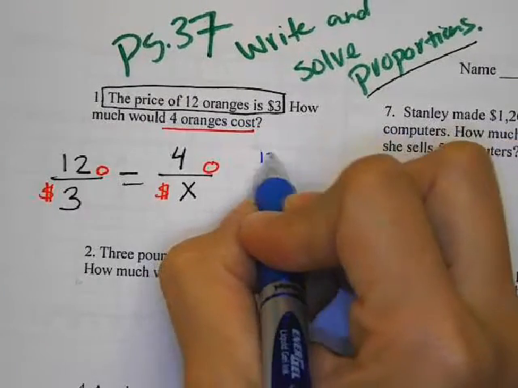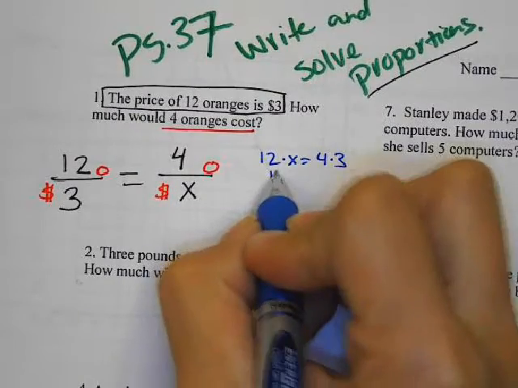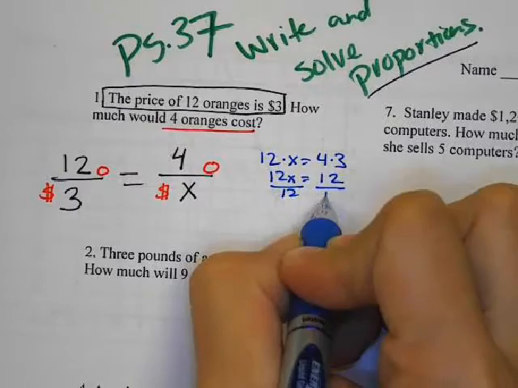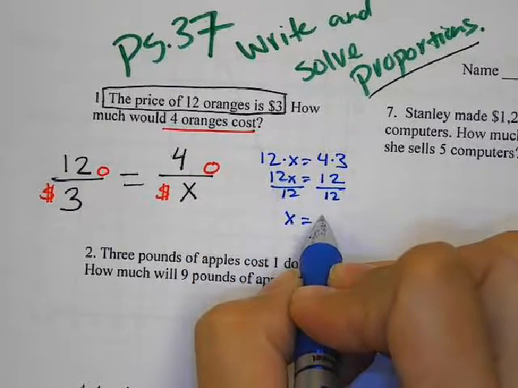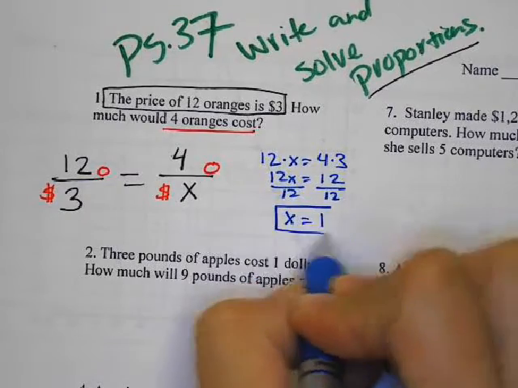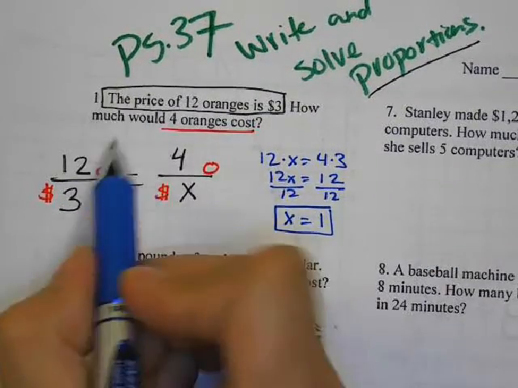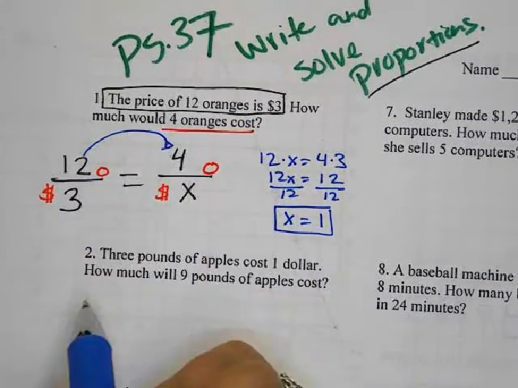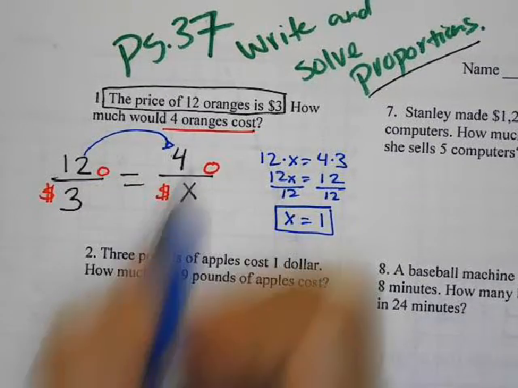The long way would have you do 12 times x equals 4 times 3. 12x equals 12. Divide by 12, divide by 12. X equals. Now, if you did it the short way, how do I go from 12 to 4?